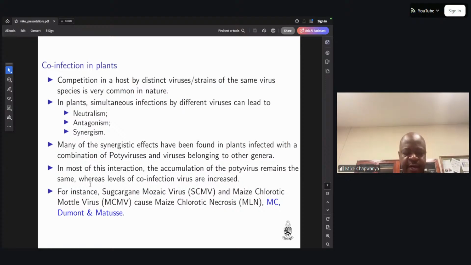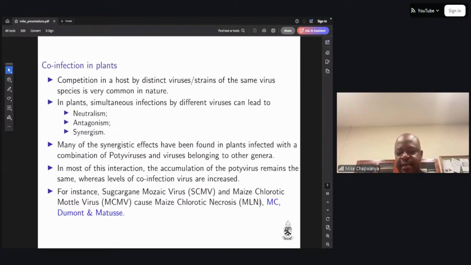So one of the works that we did was on the sugarcane mosaic virus, which affects maize. And if the plant has the sugarcane mosaic virus and also has the maize chlorotic virus, if these two come together, you end up with what we call the maize lethal necrosis virus.